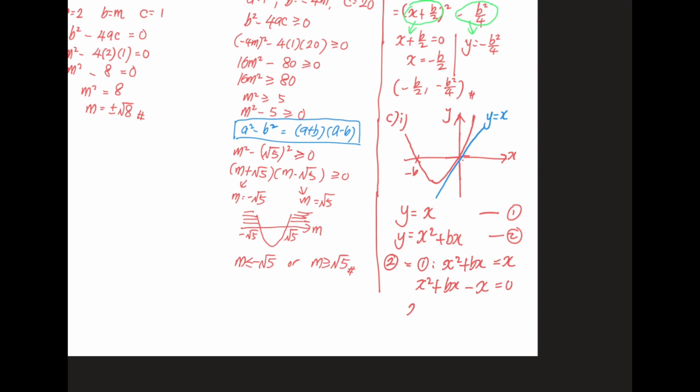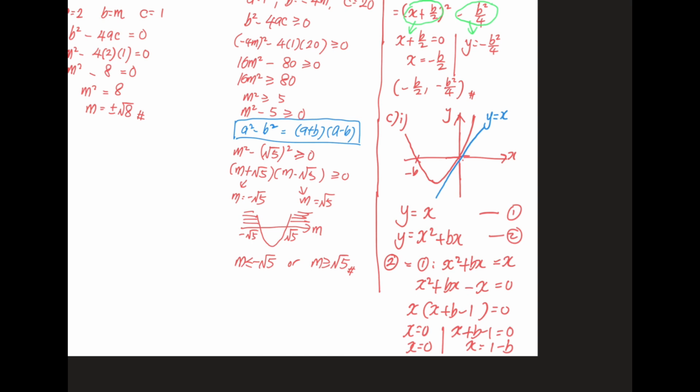Now to solve this, we factorize x: x times (x plus b minus 1) equal to 0. After that we get x equal to 0, and from the bracket, x plus b minus 1 equal to 0, so x equal to 1 minus b. So we have two x values.